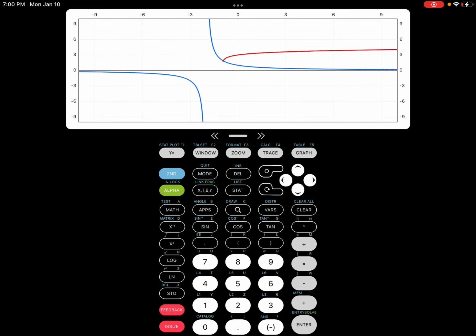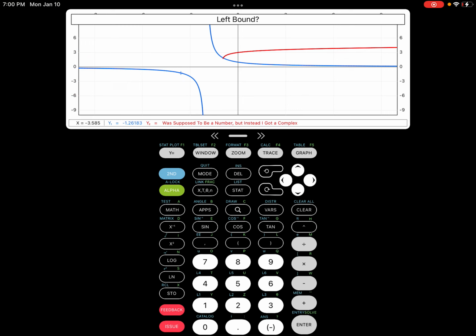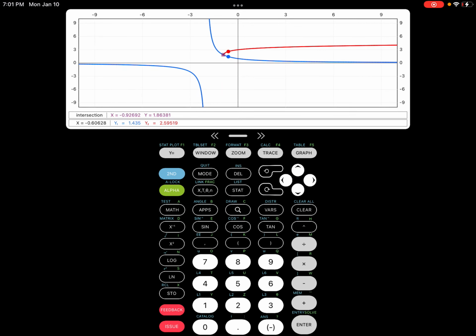Let's click graph. Okay, I can see the point of intersection, so let's go to second trace. Choice 5 is my intersect. Again, this is not the 89, so this is a little bit not as nice to use. Okay, there we go. It is asking me left bound, right bound.